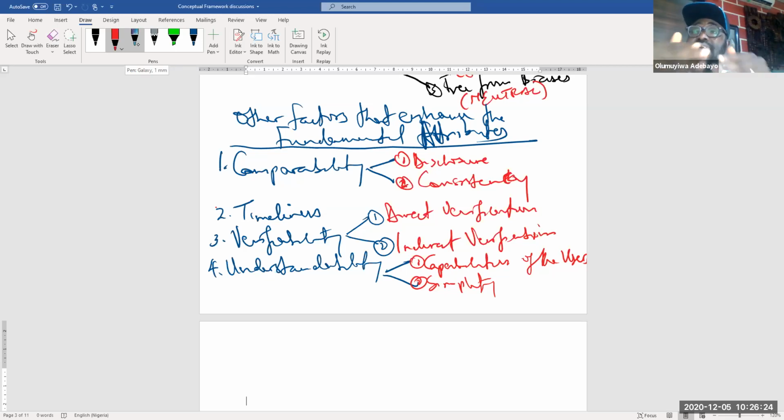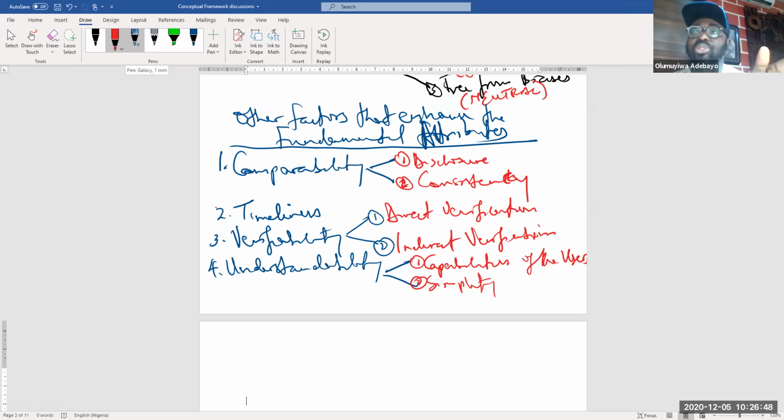Remember, more than half of users of financial reports are not accountants, or they might not be financially inclined. Therefore, you must present information in a manner that they can understand in simple terms. Presenting information in simple terms means you present it at a granular level, in a basic language that is understood.